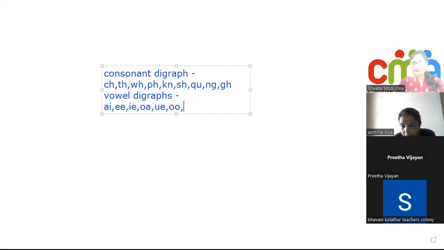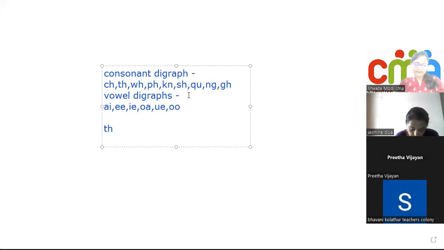Now, as such, there is no particular rule that tells where TH gives the voiced sound and where TH gives the unvoiced sound. But most of the times you will see that if the letter combination TH comes after the sound of a single vowel, then it is voiced.